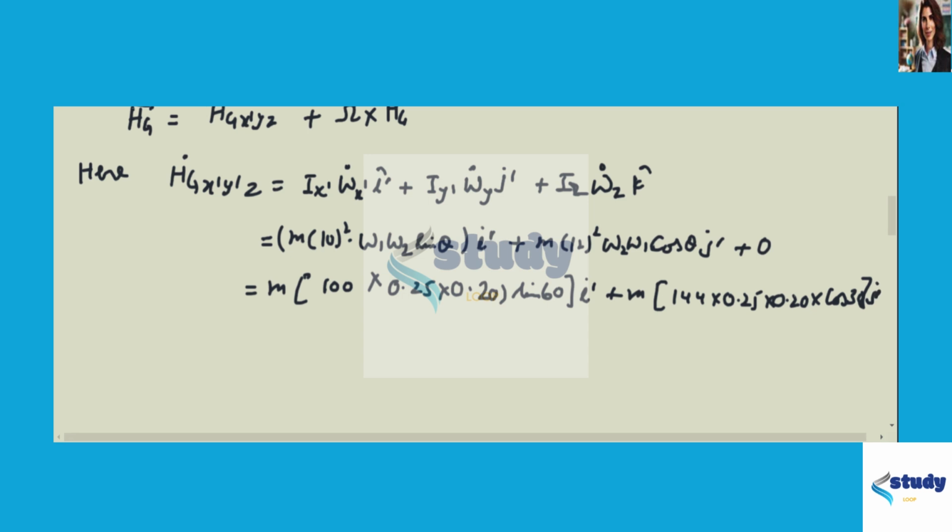So on solving it, its value will be 4.33 into 10 to the power 6 i dash, j dash newton into meter.